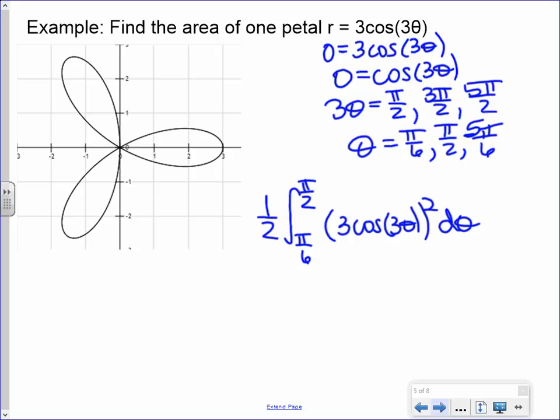Okay, Alex? I understand how to solve for the zeros. I just prefer to draw it, and I don't know what the zeros actually mean. That just means where we touch the pole. It's really not going to help you draw the curve. What's going to help you draw the curve is if you plug in 0 to this, we get 3. And so we have a petal there, and since we have 3 petals, we know that they are every 120 degrees apart. We start at the 3 and go down to the 3.